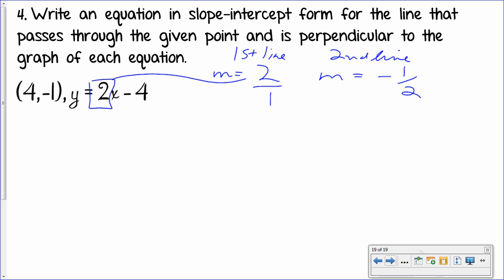So what form would I start with? Well, I have a point and a slope. So start with what? So y minus what? Equals, which one of these two do I use? Do I use this one?